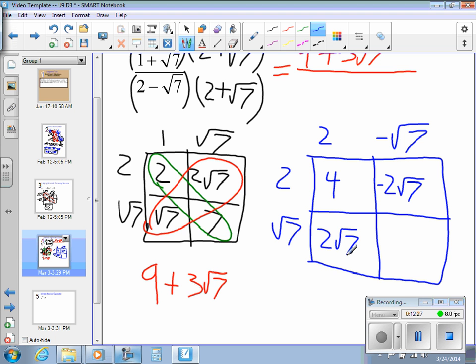And the square root of 7 times negative square root of 7 will give me negative 7. So now these two cancel each other out, and these two I need to combine. And when I do that, 4 minus 7 is going to give me negative 3.